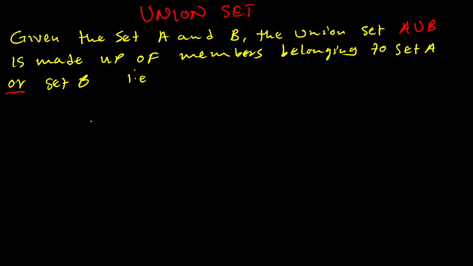Meaning that members from the intersection should only appear once. Let me present it in this way. So A union B.